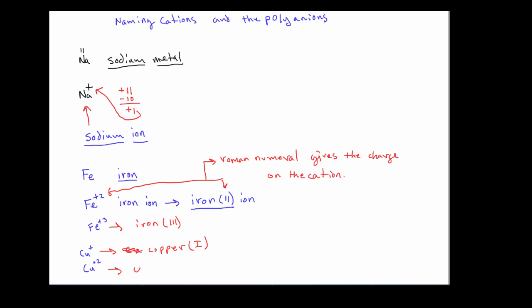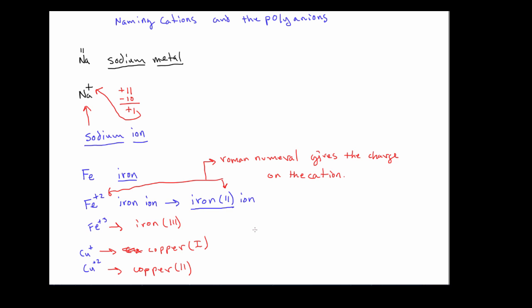This one here would be copper 2. Now, many of these ions also have common names. And for brevity, I'm not going to get into that in this video. We'll do that in a different one. The main thing is that you understand how the Roman numerals work.